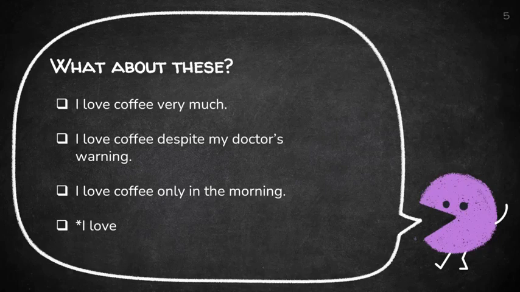Now, let's see that last one here with an asterisk in front of it. What about this one? Is it a clause? Is it a sentence? Or both? Or neither? The last one here is neither a sentence nor a clause. This one is called a fragment, an unfinished clause or sentence.